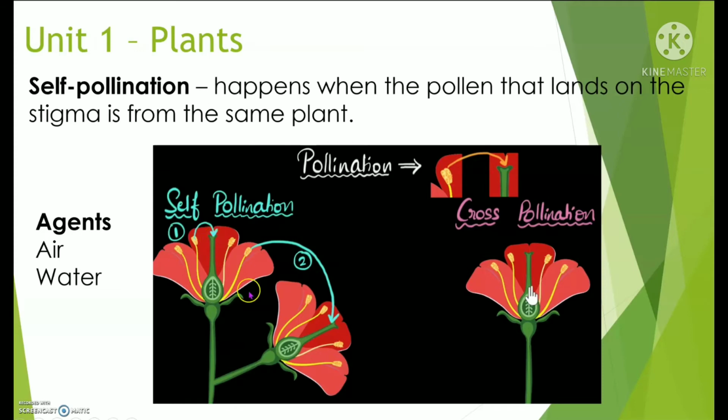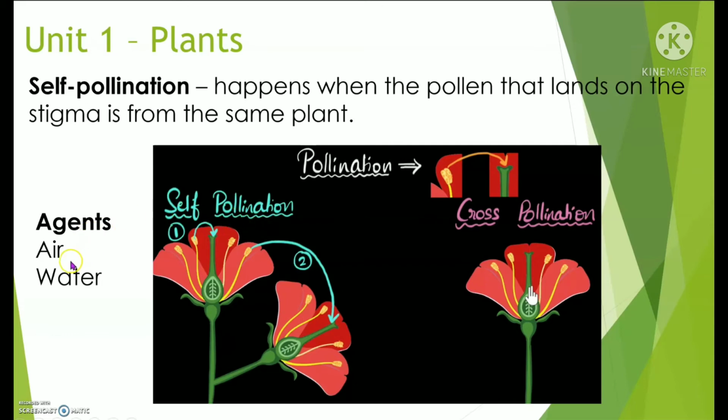Next, the pollen grains from this flower transfer to another flower's stigma. Even if it's a different flower, this flower is just in one plant. As you can see, it is connected, right? So when the pollen grains transfer to the stigma of another flower, it is still called self-pollination. How can that happen? There's an agent.